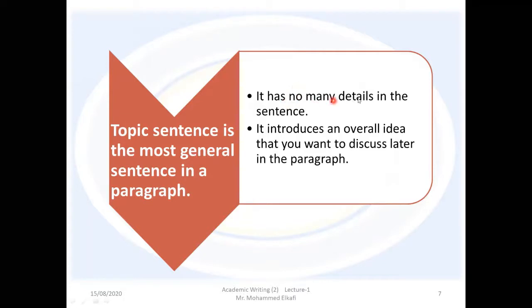Also, this topic sentence introduces the overall, or some complete, idea about the things that will be included in the rest of the paragraph. So we can even be able to guess what the writer is going to discuss in the next part of the paragraph.